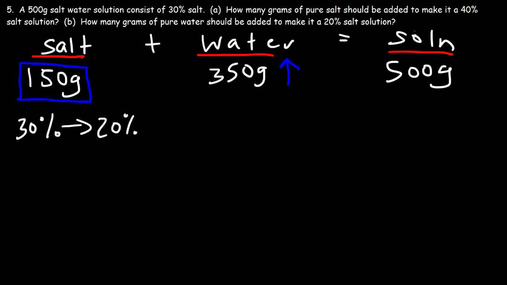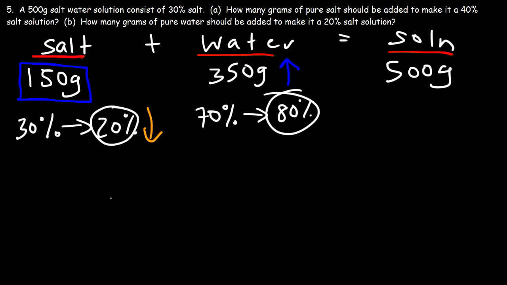And so the concentration will decrease if we add water, if we dilute it. Now the concentration of the water is going to go up. The water concentration was 70%, but by adding more water, it's going to go up to 80%, because these two have to add up to 100. And so it's important to understand how the percentages will change, even though not all quantities will change.